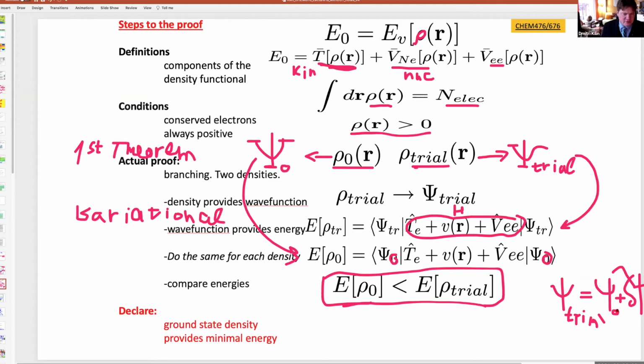So basically, we just map the variational theorem onto the language of densities.